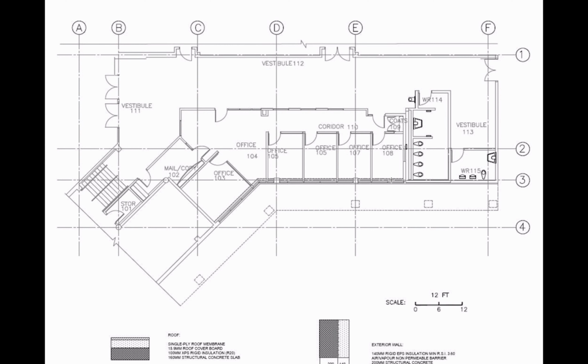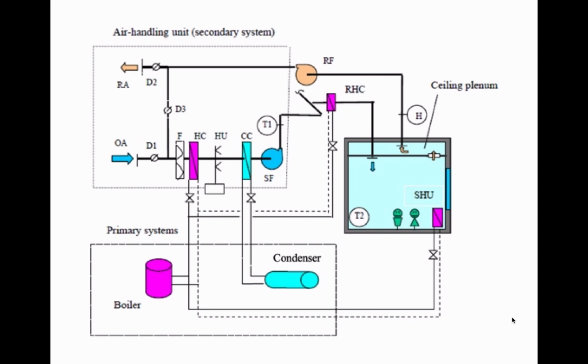For the unoccupied spaces, which are the washrooms 114 and 115 and the storage 101, we will provide only perimeter heating units. The air handling system will have the following configuration. It will include an air handling unit with a supply fan, DX cooling coil, electric humidifier, and central heating coil.